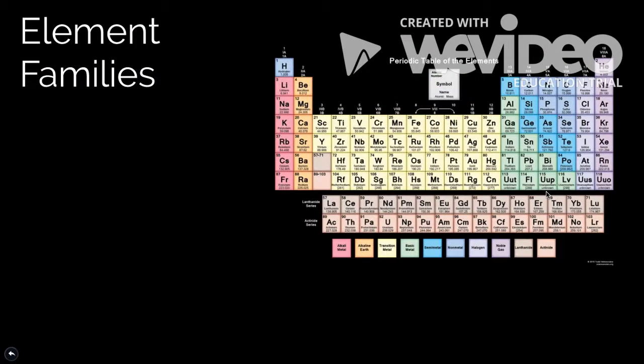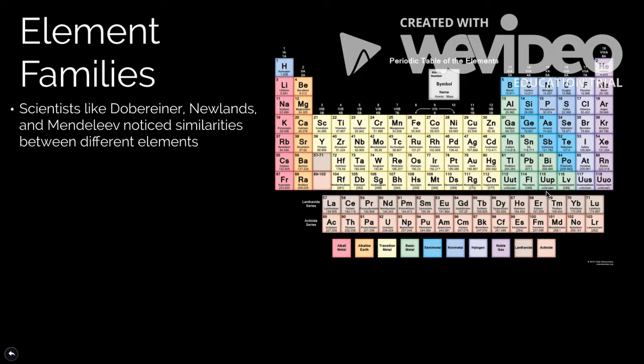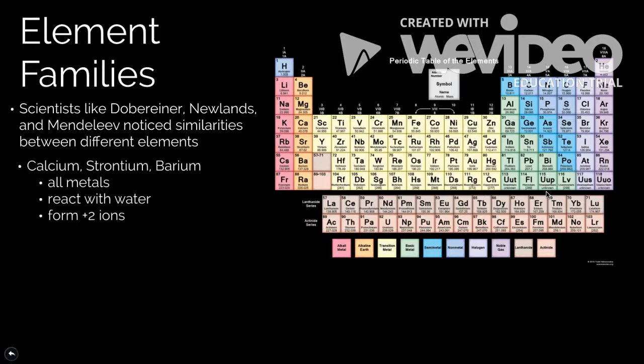All right, now we get into the families of elements. As we saw in the last section where you read a little bit about the history, scientists like Dobereiner, Newlands, and Mendeleev noticed that some elements had similar properties, even though they were completely different elements. So an example here, if we take calcium, strontium, and barium, we know that these are all metal elements.